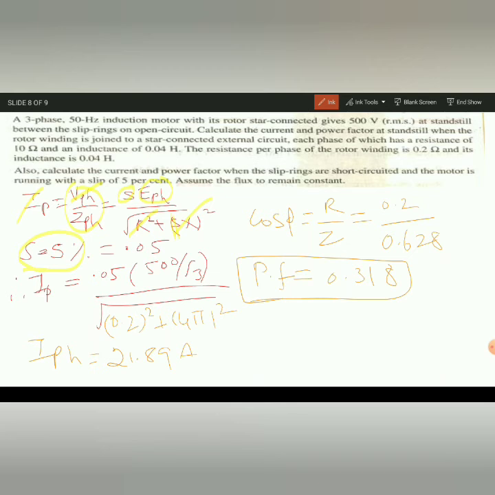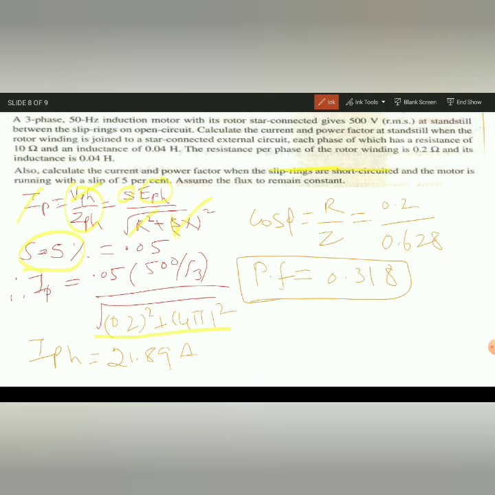And another point is that when we find the total impedance, here we can see that we are not considering the stator resistance. The reason is that it is clearly mentioned the slip rings are short circuited. Slip rings short circuited means the rotor is short circuited. So when the rotor is short circuited, the current will flow entirely in the rotor only.